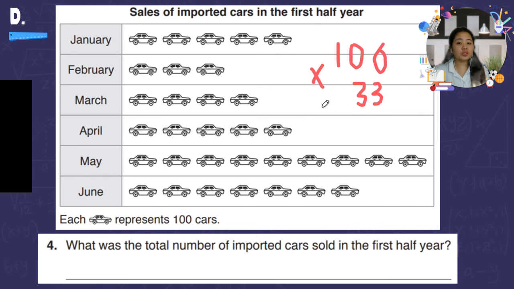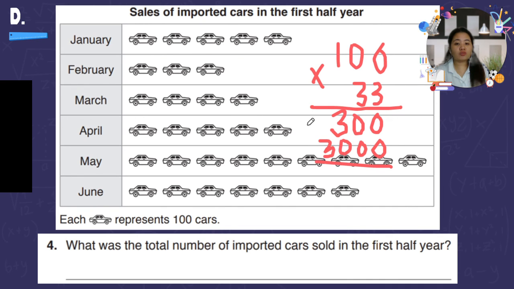This is how to multiply. 3 times 0 is 0. 3 times 0 is 0. 3 times 1 is 3. Next, 0. 3 times 0 is 0. 3 times 0 is 0. Then 3 times 1 is 3.